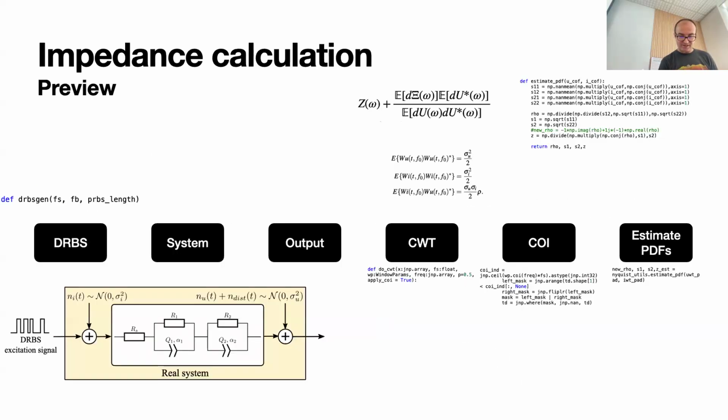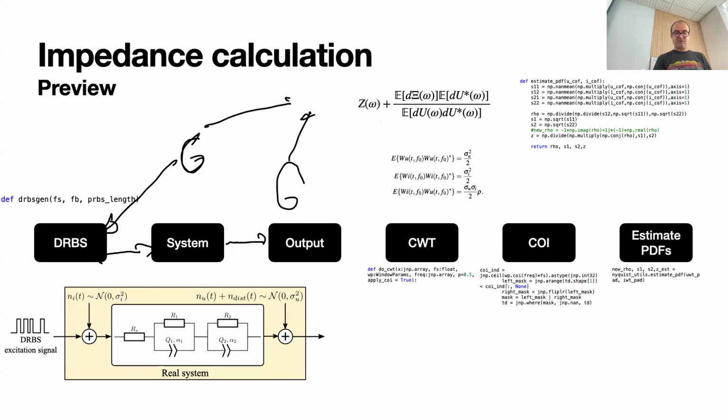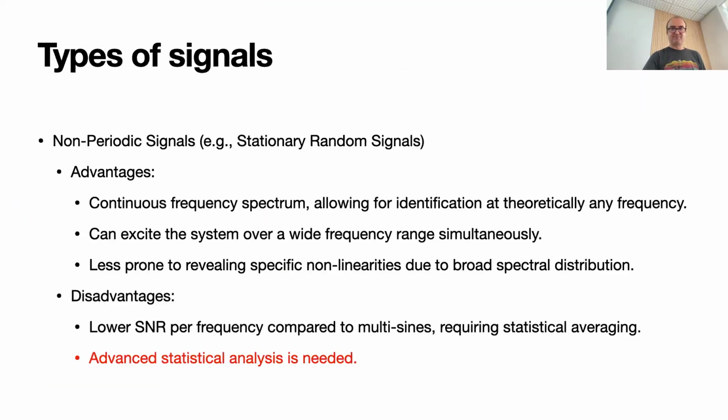Now we generated this. We have 6 such signals, and I explained why we have 6. We will run them through the system, and we will get 6 outputs. This is where we are. And now we have to use these 6 inputs and 6 outputs to calculate our impedance. So let's do it.